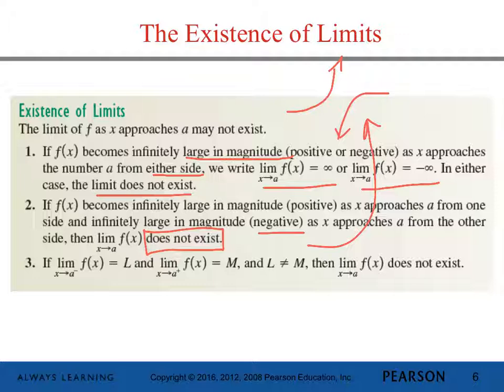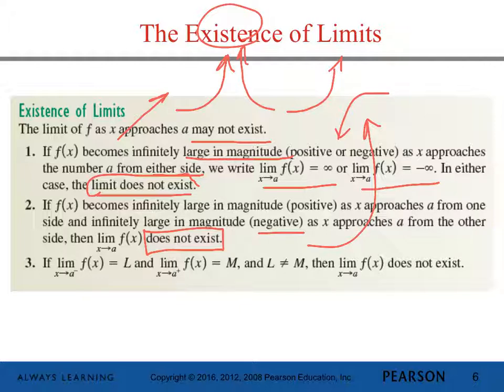What this is saying in the first one is that even if you approach positive infinity from both sides, that limit still doesn't exist. And that's because you're not going to ever come together up here anywhere. Infinity is not a place. Excuse me, it's not a number. It's an increasingly large number, so it's just an idea.